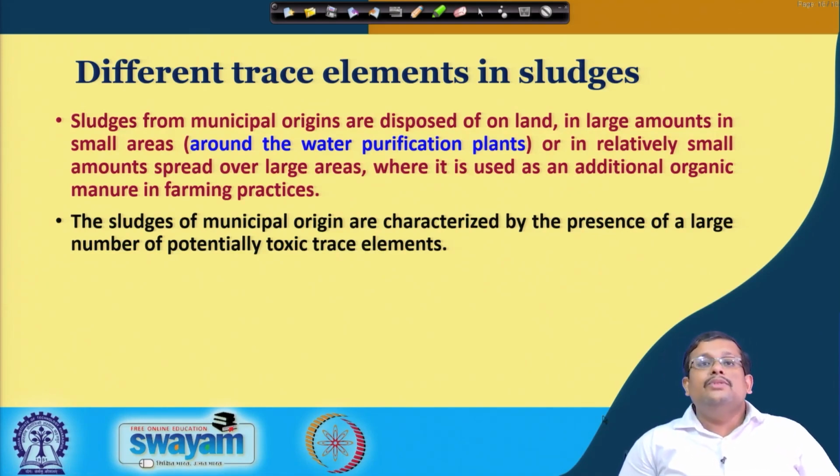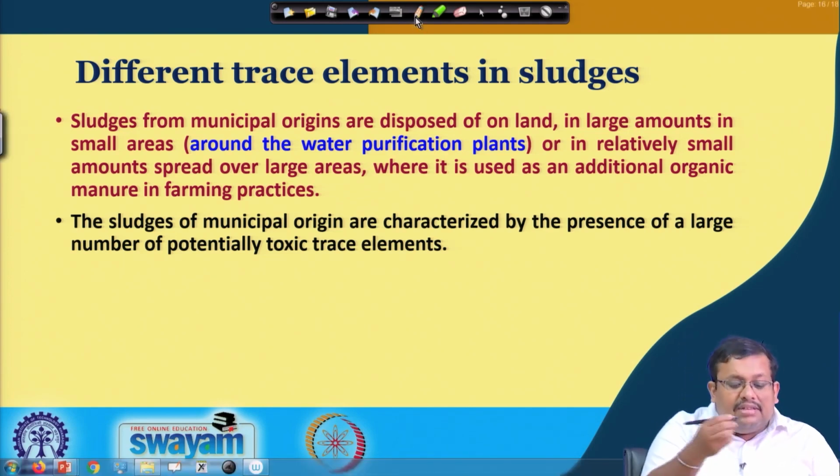I have already told you that the sludge contains different trace elements. So, sludge from municipal origins are disposed of on land in large amounts in small areas around the water purification plants or in relatively small amounts spread over large areas where it is used as an additional organic manure in farming practices.